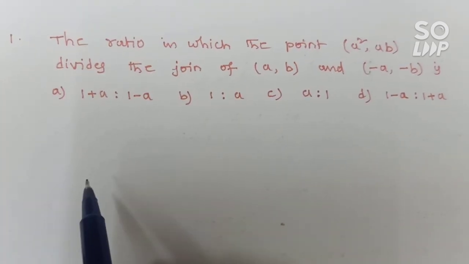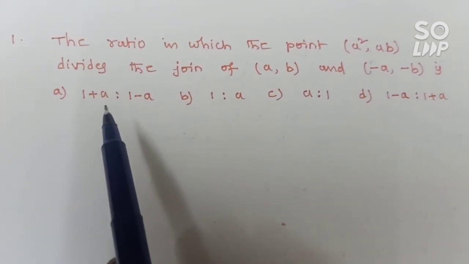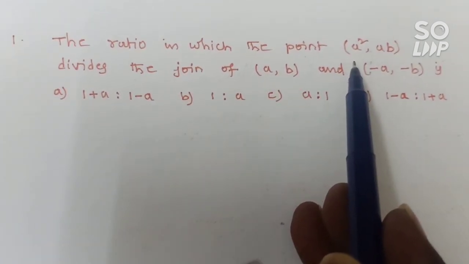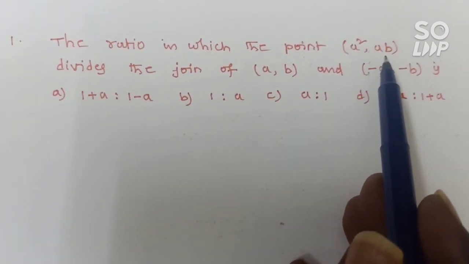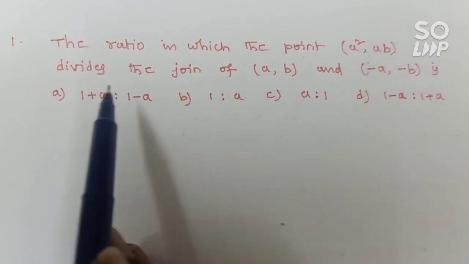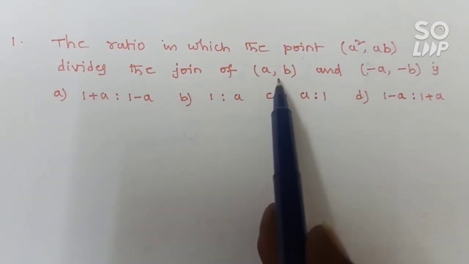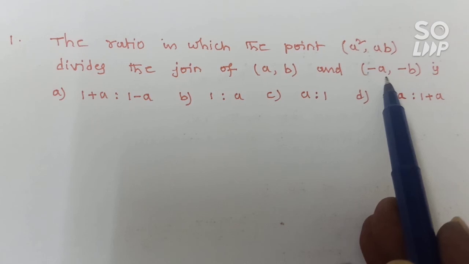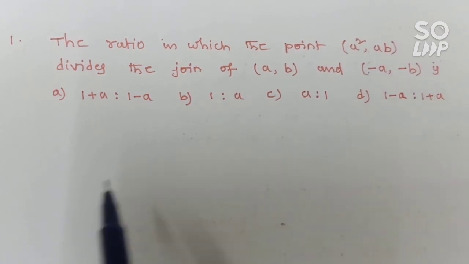See, the first question is: the ratio in which the point (a square comma ab) divides the join of (a comma b) and (minus a comma minus b) is.